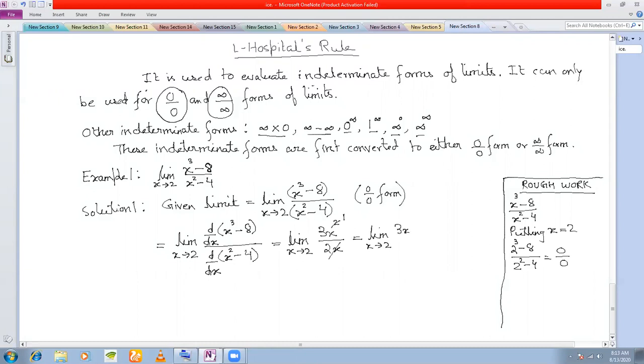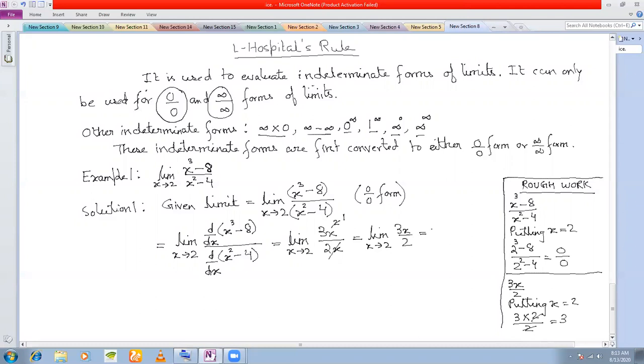Limit x tends to 2, 3x by 2. Okay. Now after the first differentiation, you check again. Now you put x is equal to 2 in 3x by 2. Let's see what you get. We get 3 into 2 by 2, which is equal to 3, isn't it?